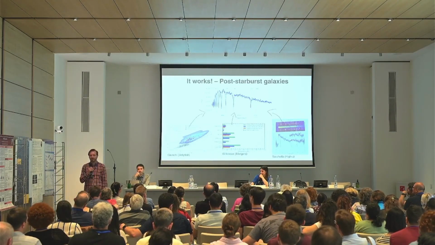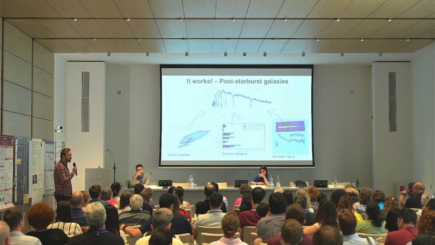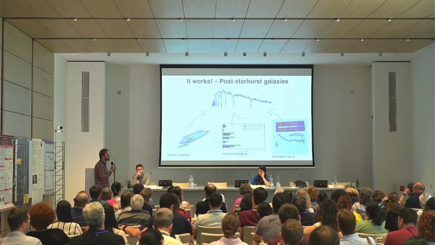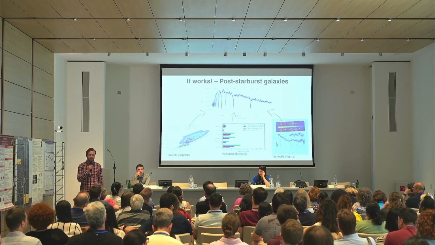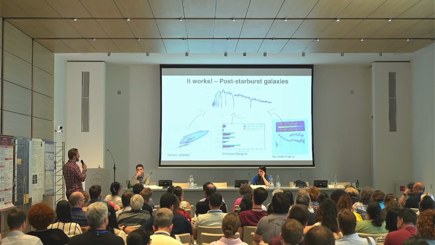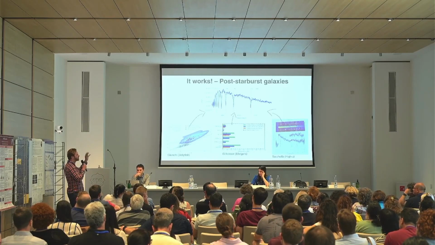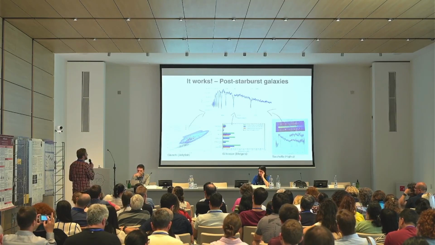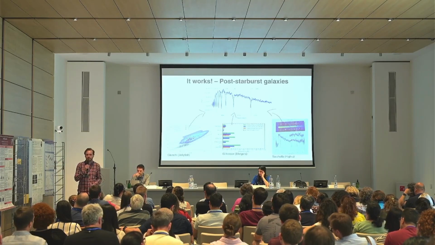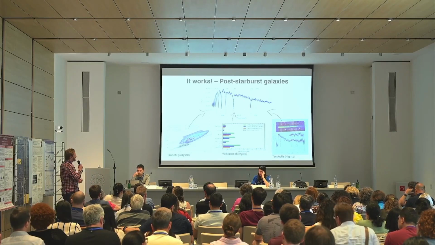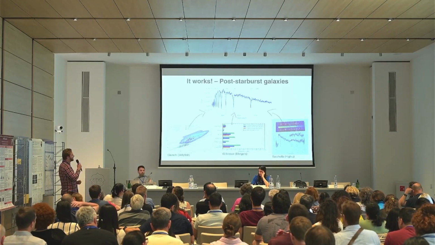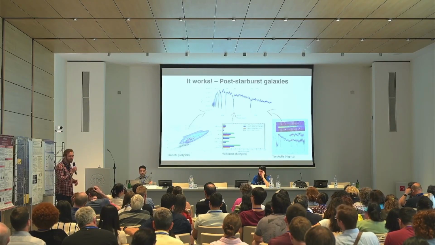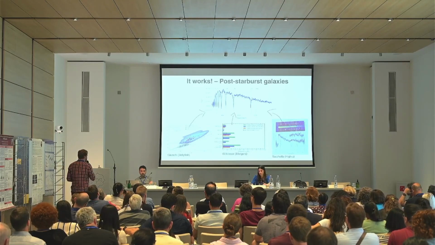Now, going to what is the more usual case, so measuring star formation histories of galaxies. We saw some examples of post-starburst galaxies in this conference, and I think it's a good test bed to see if these things work, because these galaxies have relatively simple spectra when you think about it. And it's interesting to see that we found direct or indirect mentions of it from very different systems.